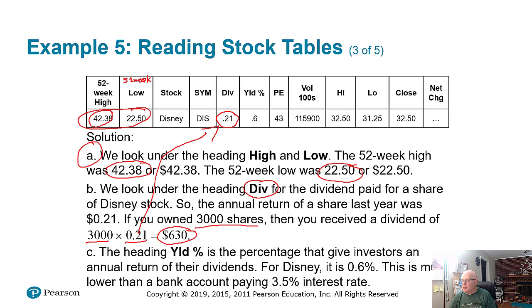Of course, the more shares you own, the greater the dividends. The yield is the percentage that give investors an annual return on their dividends. For Disney, it's 0.6%, shown right here.